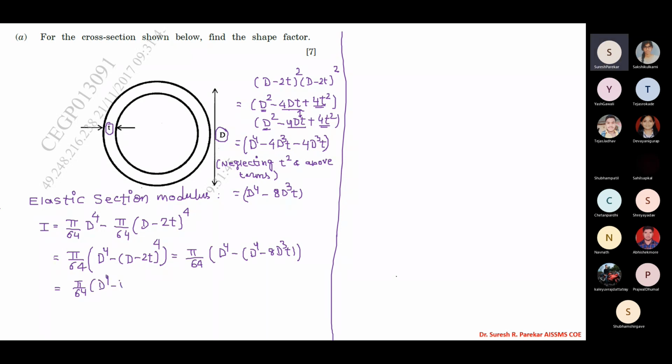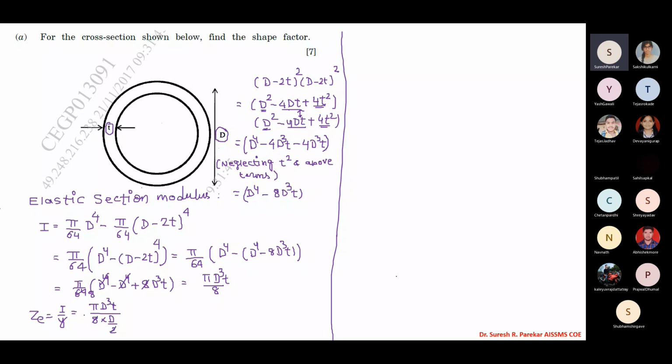d4 minus d4 plus 8 d cube t, and this d4 gets cancelled. 8 8 is 64, and we will get I equal to pi d cube t upon 8, and then z equal to I by y is equal to pi d cube t upon 8 into y is d by 2.